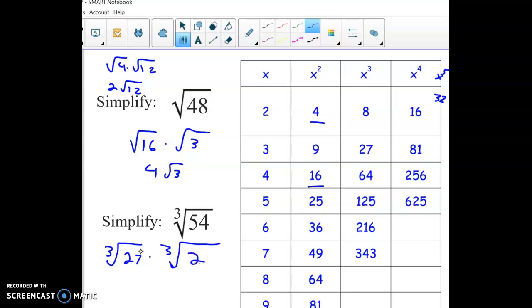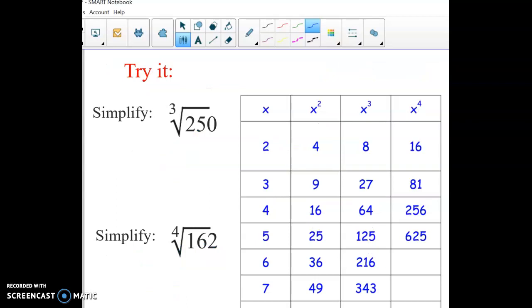Now the cube root of 27 is what we did in the last section. You can either type it in your calculator or use the chart. Just go across the chart and say the cube root of 27 is 3, since 3 times 3 times 3 is 27. So much like before, we have the part that came out perfect times the part that's not perfect, just like we did up here. So we get this as our answer.